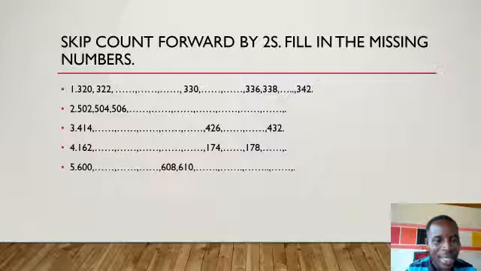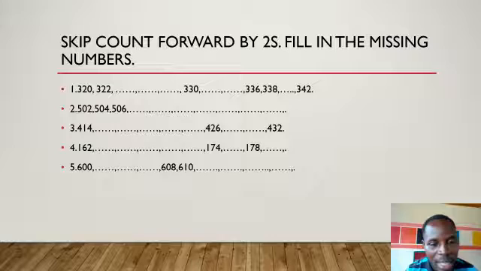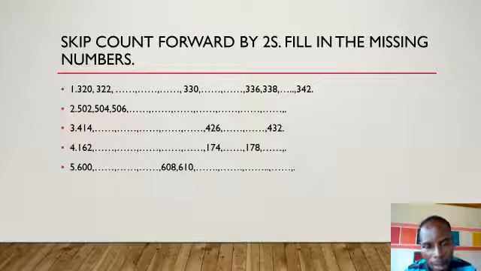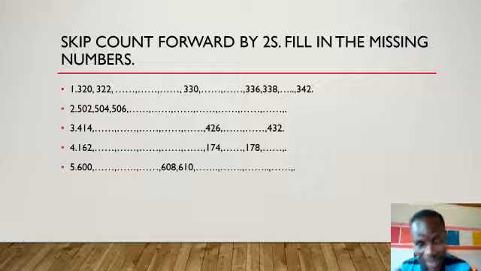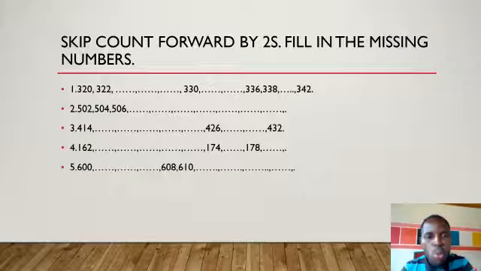So 162 plus 2 is 164, plus 2, 166, plus 2, 168, plus 2, 170, plus 2, 172, plus 2, 174, plus 2, 176, plus 2, 178, plus 2, 180. So you keep on adding 2, 2, 2, because it has said forward counts by 2.